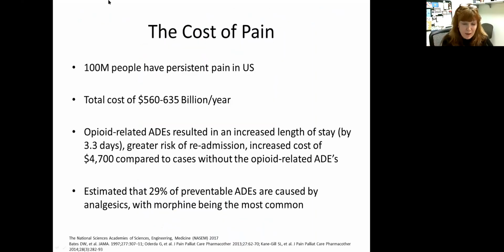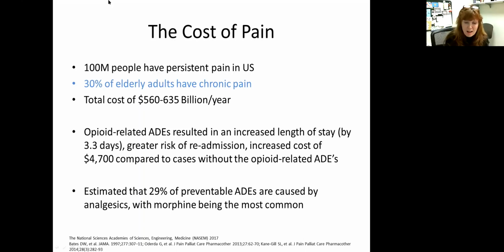So just to talk about pain in general and the cost of pain, this is a very central thing to many patients. There's over 100 million people that have persistent pain in the US. And when we look at our geriatric population, pretty well one in 3 patients have a chronic pain.